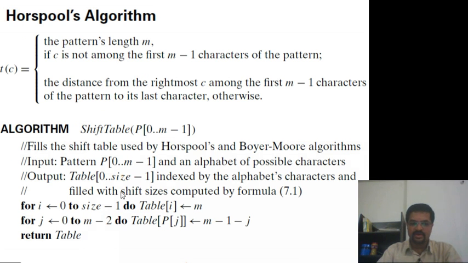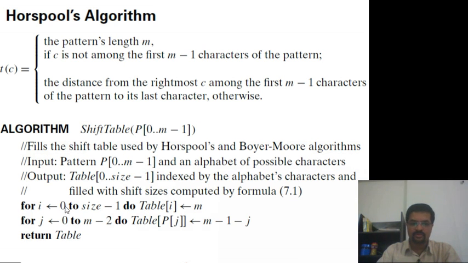So for the whole alphabet, try to create a shift table. The input for this shift table algorithm is obviously the pattern, and the output is a table. The shift table is of length size, where size is the size of the alphabet.